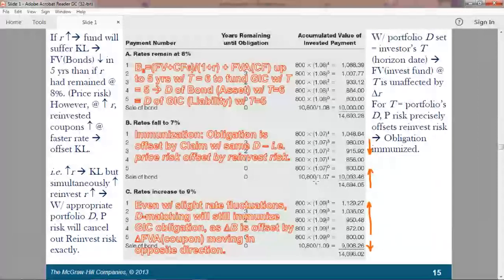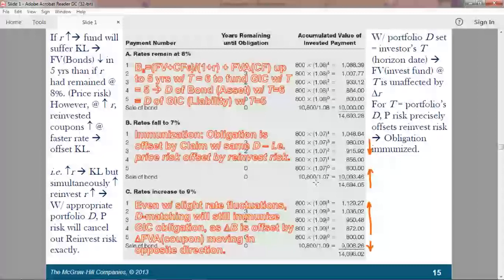But think about it. When interest rate goes down, present value goes up. The present value of the face value, or the maturity value, and the final $800 coupon payment will be discounted by a smaller denominator.